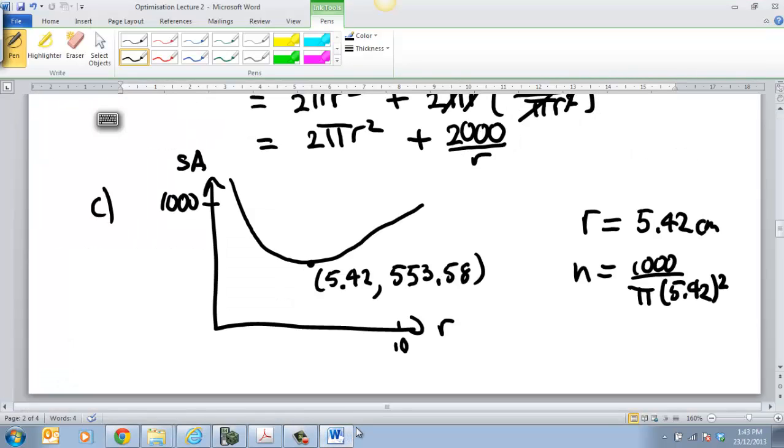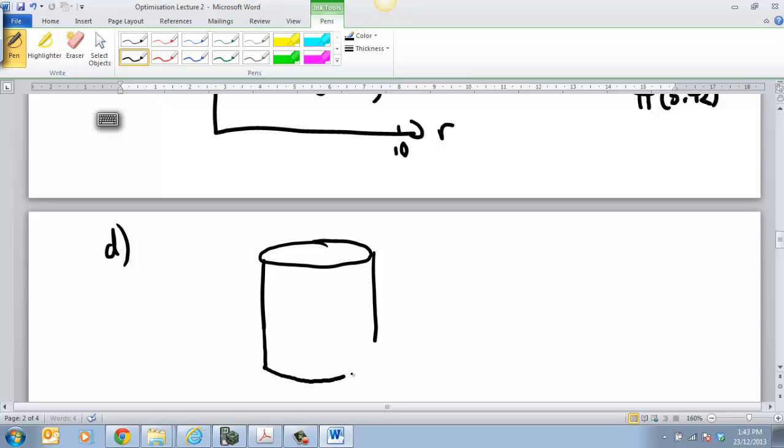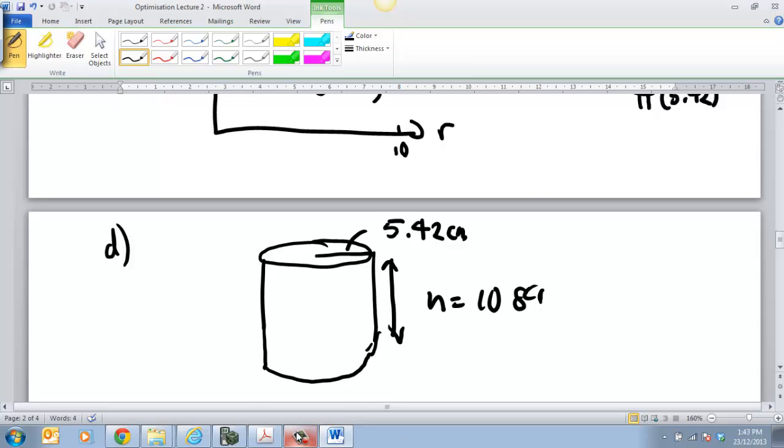Then to draw your particular can, my can's going to have a radius of 5.42 centimetres. So guys, the optimal solution is 5.42 by 10.84. That's really what you have to do to finish that question off.